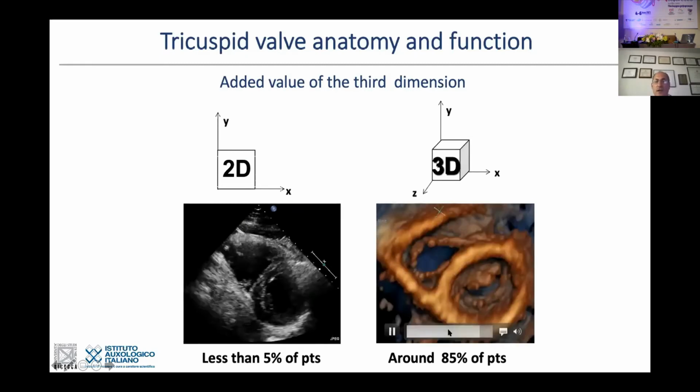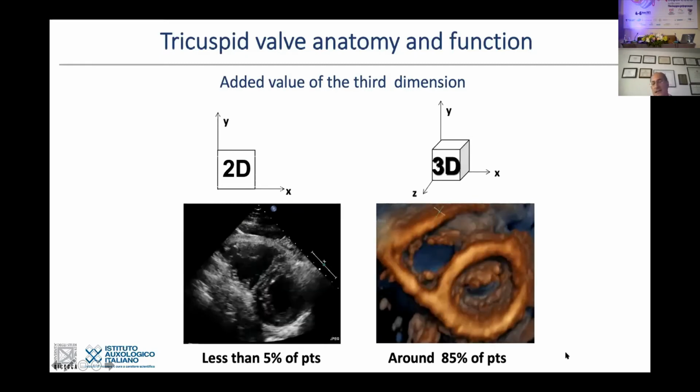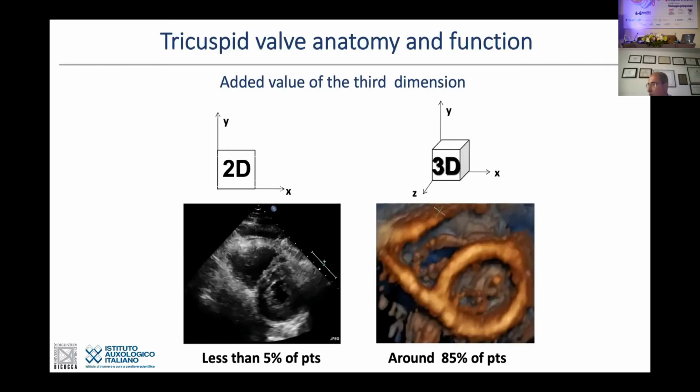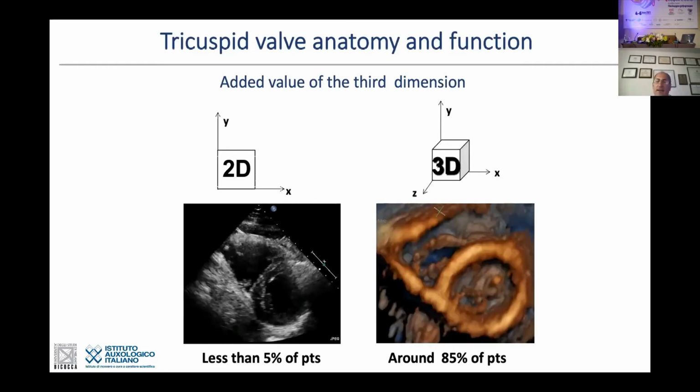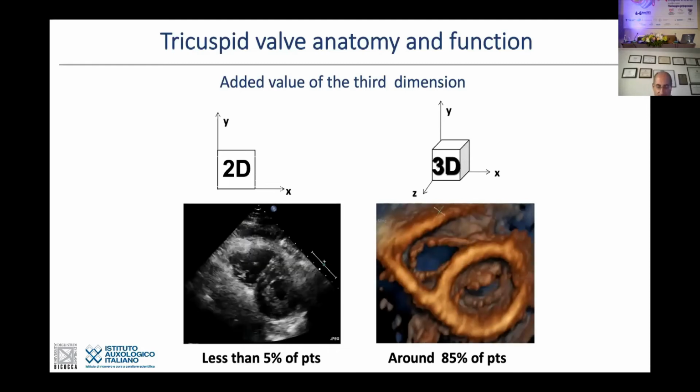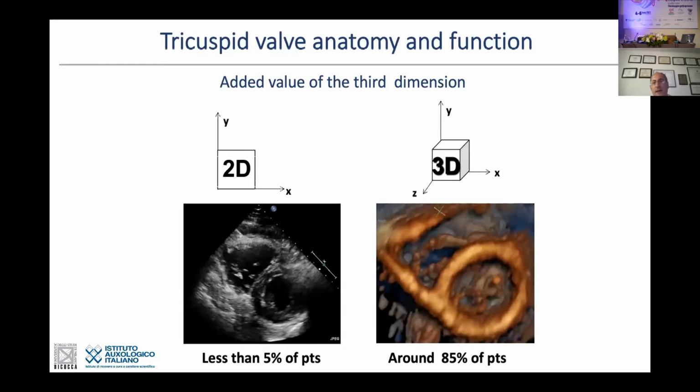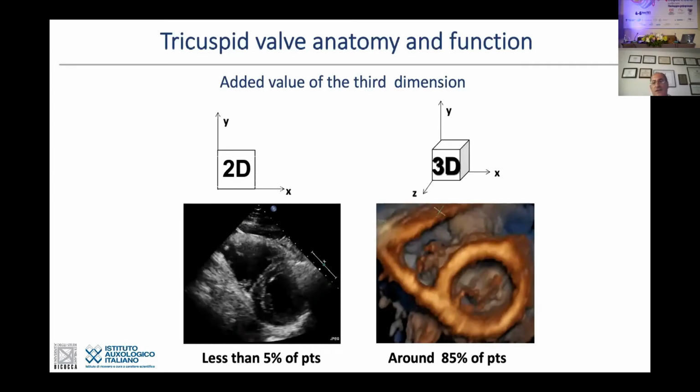With 3D echocardiography, there is the good news that due to the anterior position of the right heart, the transthoracic approach provides much better images than the transesophageal.